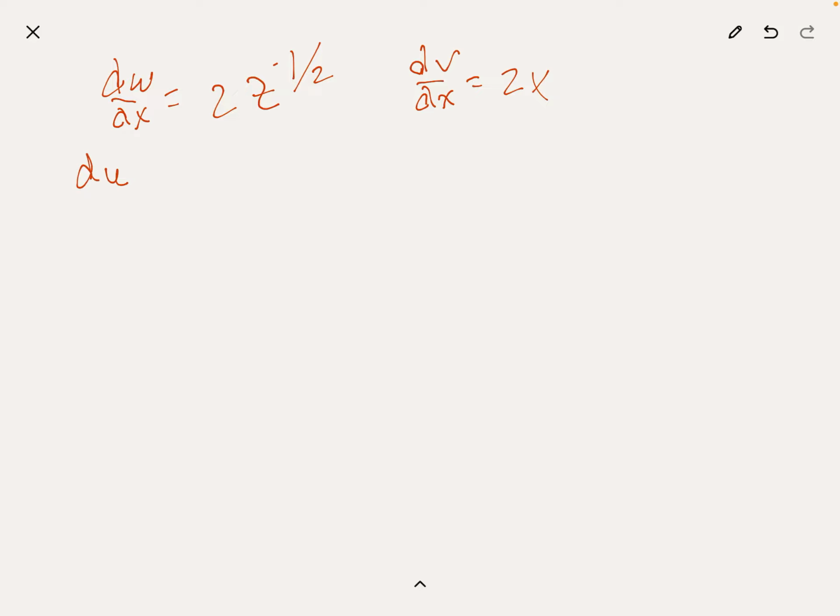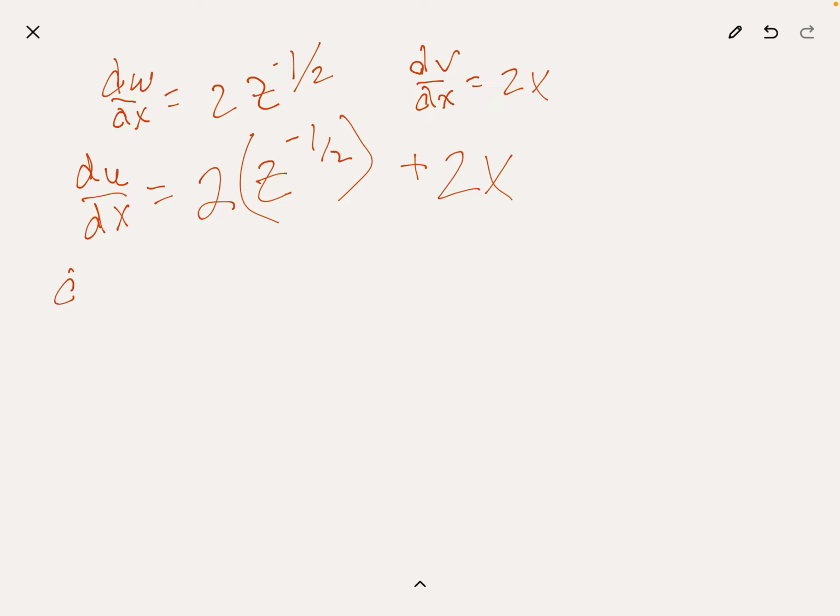Therefore, du/dx equals 2 times z to the negative 1/2 plus dv/dx, which is the 2x. Okay, so we're getting close now.